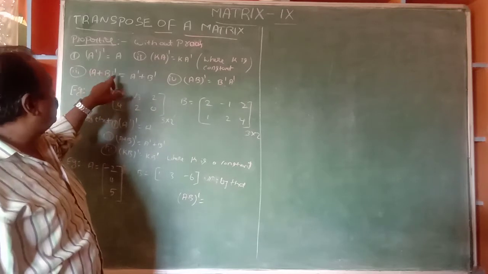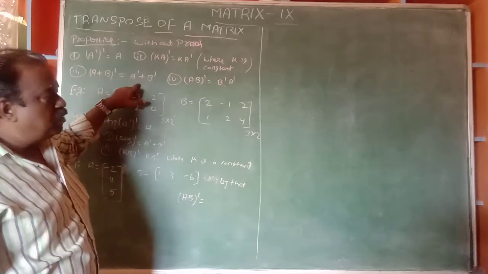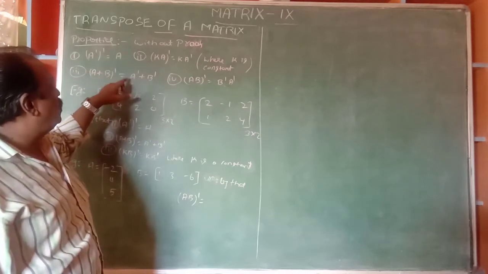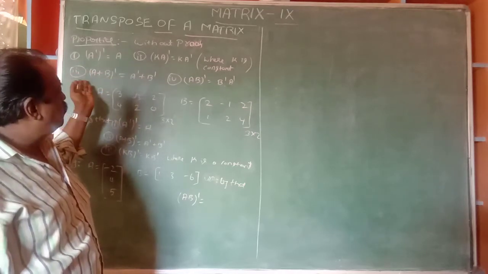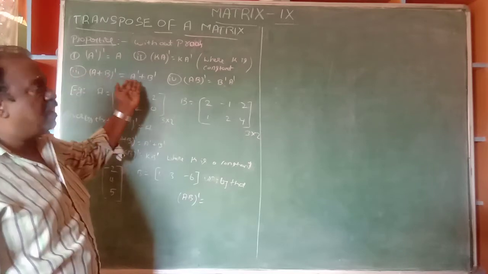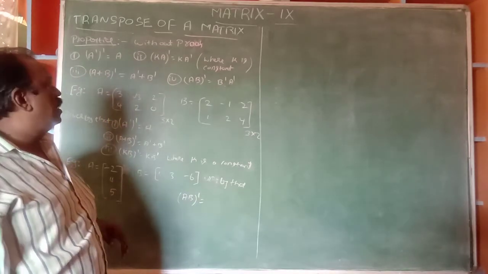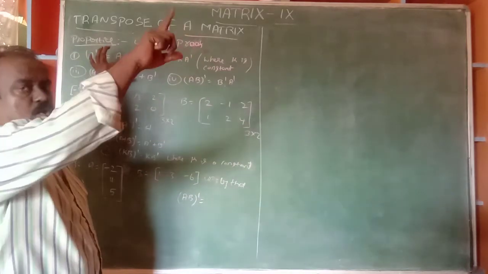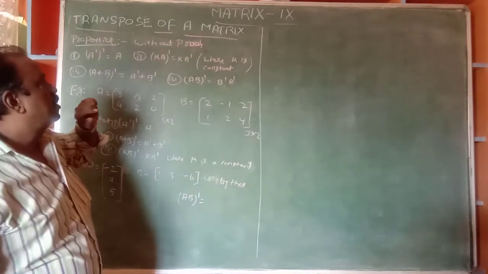Suppose A plus B plus C whole transpose means A transpose plus B transpose plus C transpose. Whatever the number of matrices you add together, the whole transpose is the sum of the transposes of those matrices.